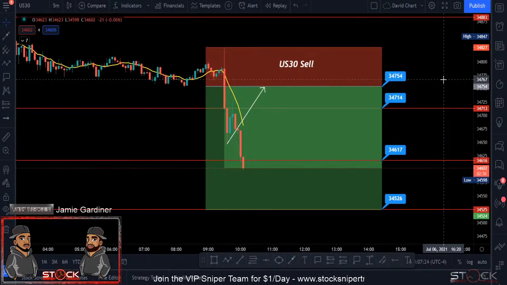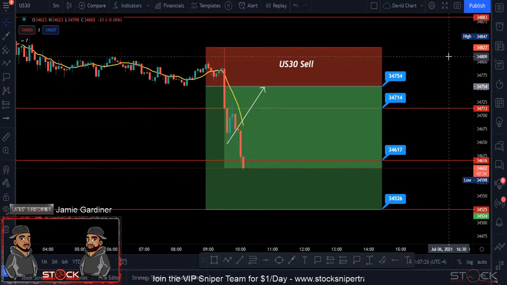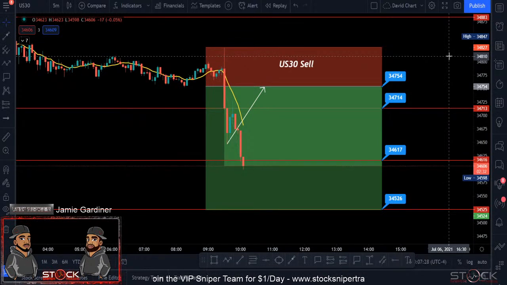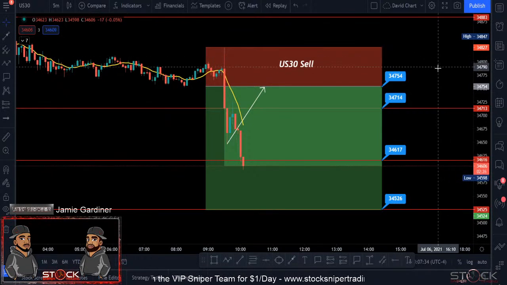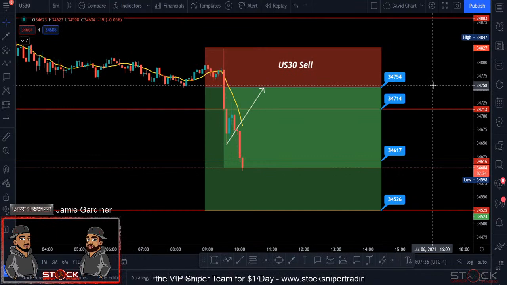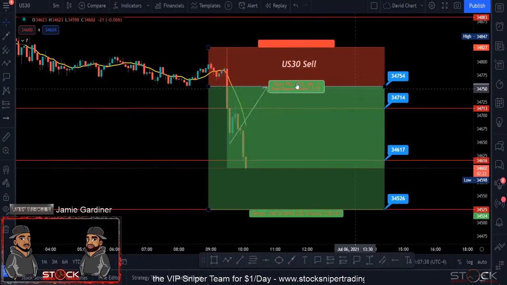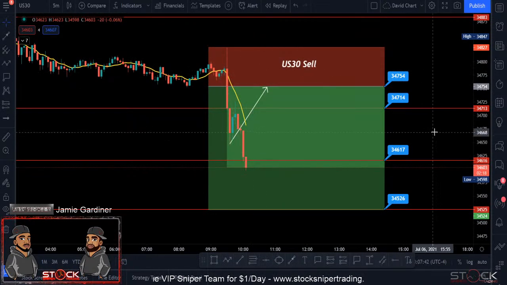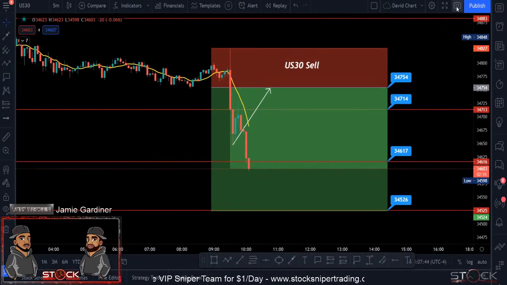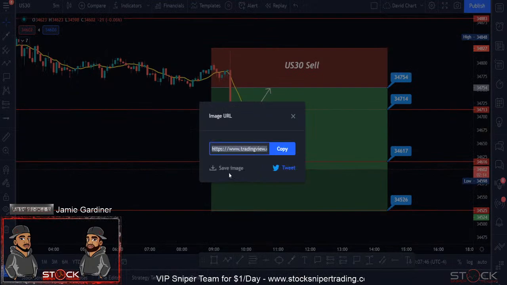You can join the VIP group where we break everything down, but this is looking pretty good here. Okay, for sure now, just bring your stop loss to break even. You know what I mean? I'm just going to keep it there for now. Take another screenshot.